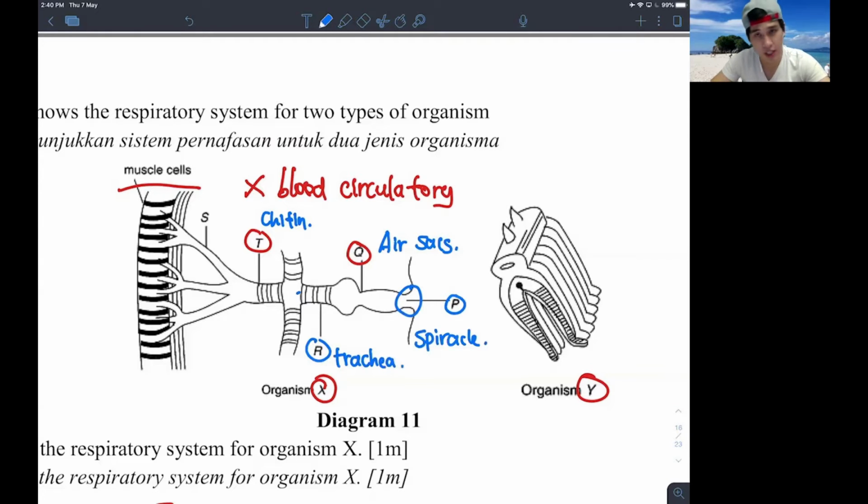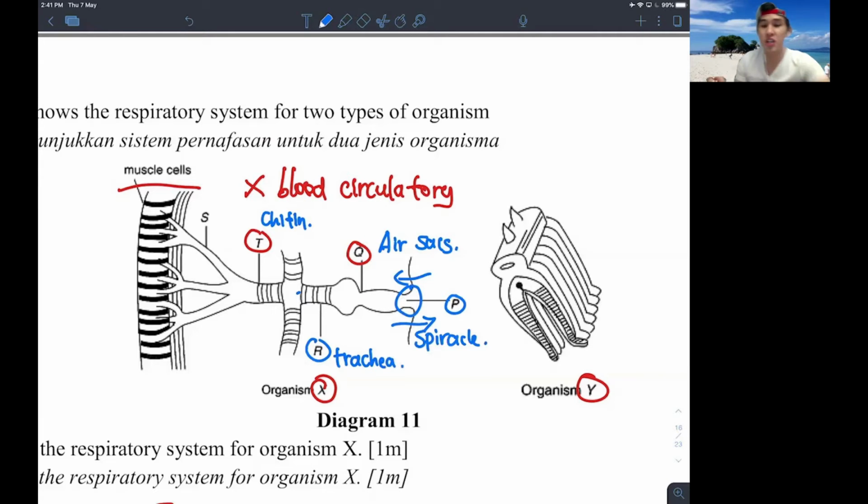So how does air move in and out? Just like in humans, air can move in and out of my body because of the breathing mechanism. Last week we learned about the breathing mechanism, which means inhale and exhale.